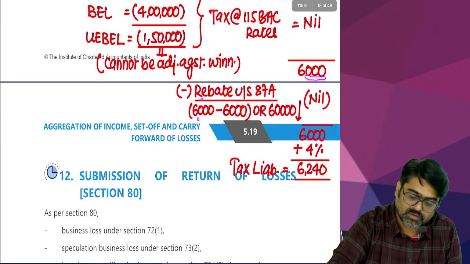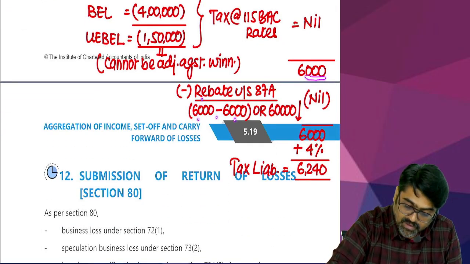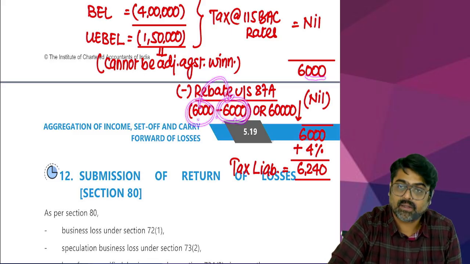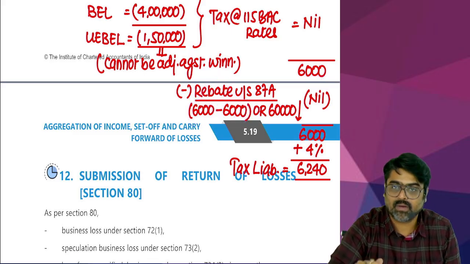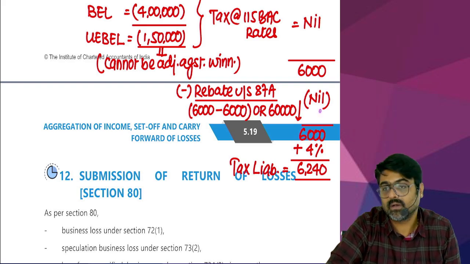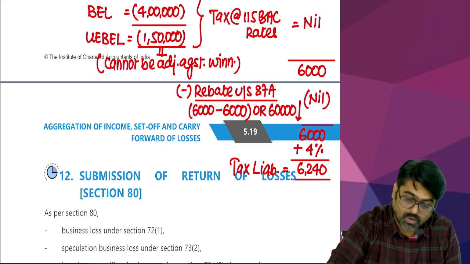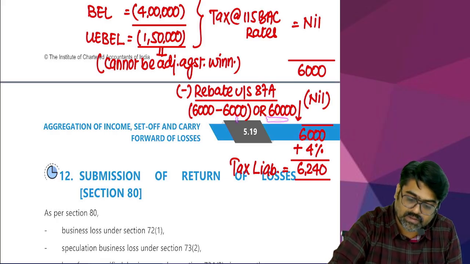Rebate will be 6,000 minus 6,000, because the tax on special income cannot be taken as rebate. So out of your total tax, eliminate the tax on special income. That you cannot claim as rebate. So how much is the rebate available? This or 12,500, whichever is lower, nil. So 6,000 plus 4%.